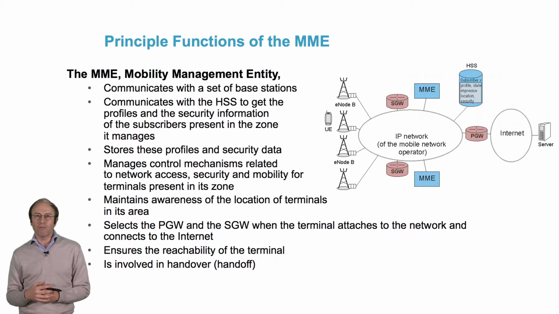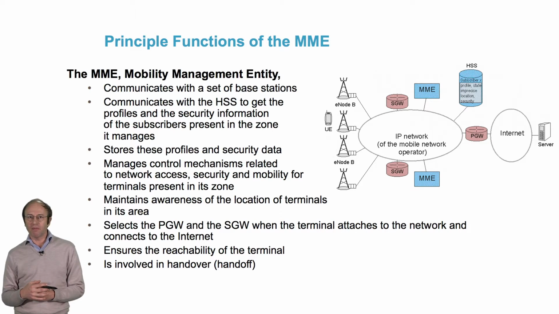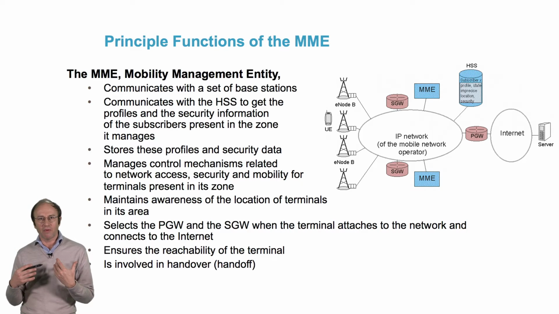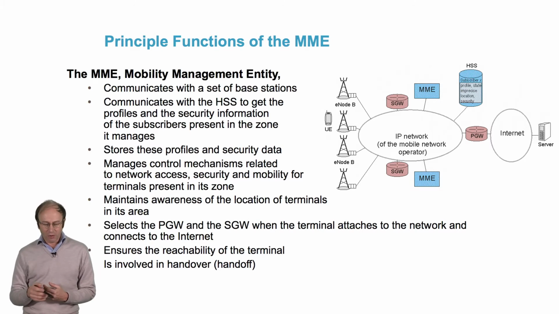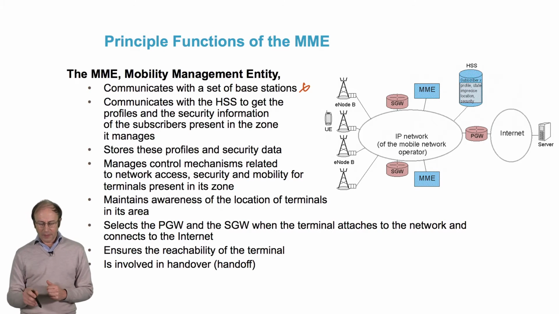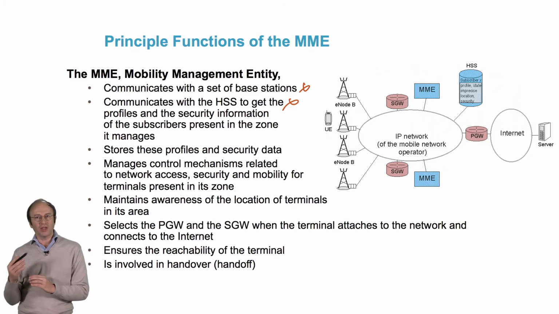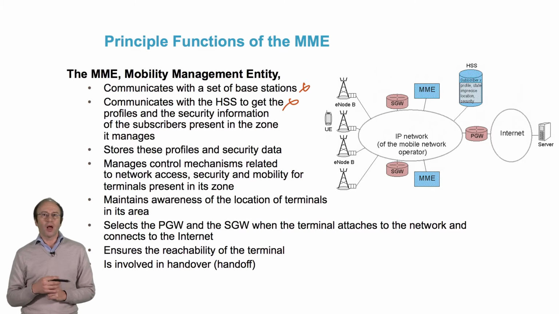We list the main functions of the MME. The MME communicates with the various base stations to establish, for instance, configuration functions. It also communicates with the HSS to get the profiles and security information of the subscribers present in the zone it manages.